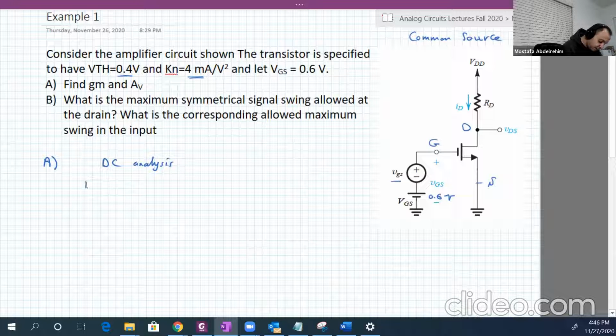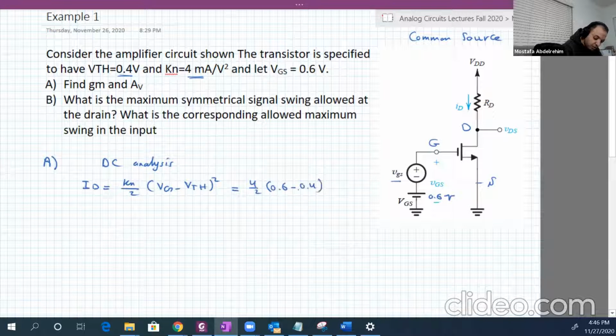So ID, assuming saturation, is equal to Kn over 2, VGS minus V threshold square. So this is equal to 4 over 2, 0.6 minus 0.4 square. So ID will be equal to 0.08 milliampere.